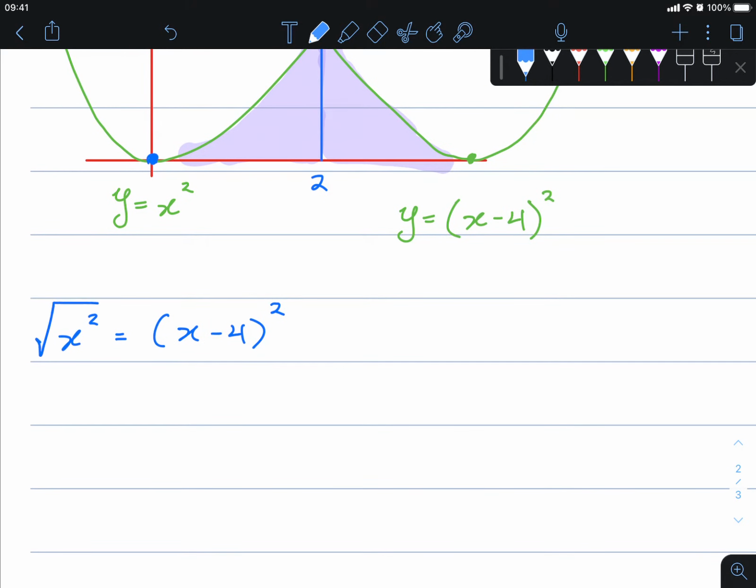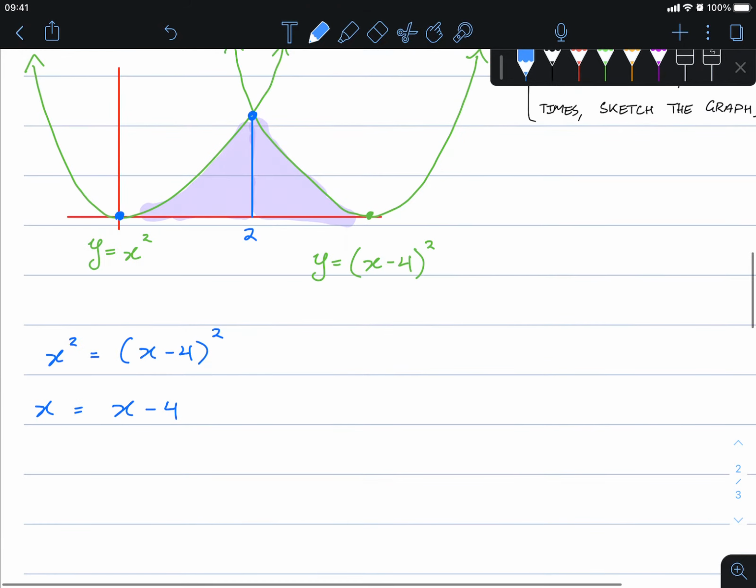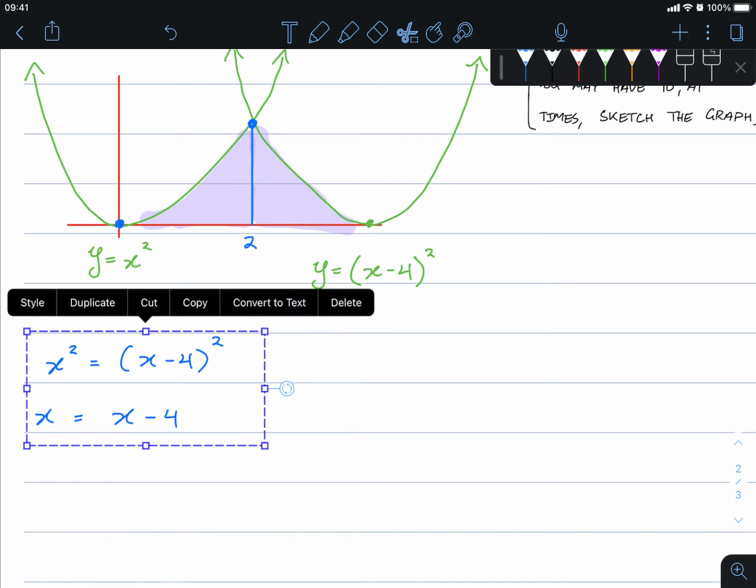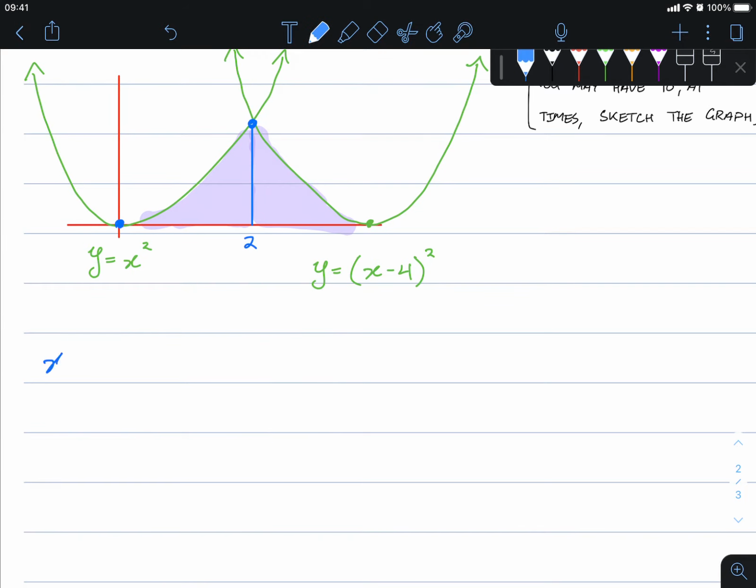If we take the square root of both sides, we get x equals x minus 4. Notice that's actually not going to work. So let's actually just expand first. So x squared equals (x minus 4) squared expanded becomes x squared, double the product, minus 8x plus 16.